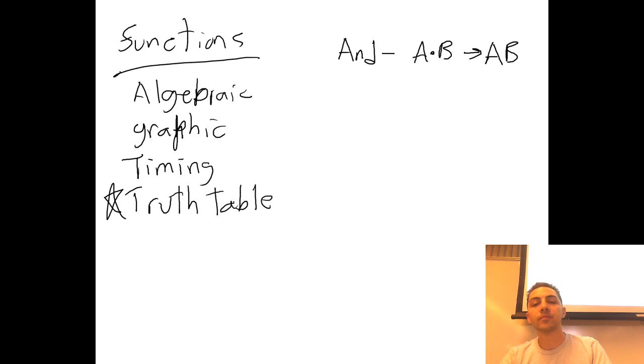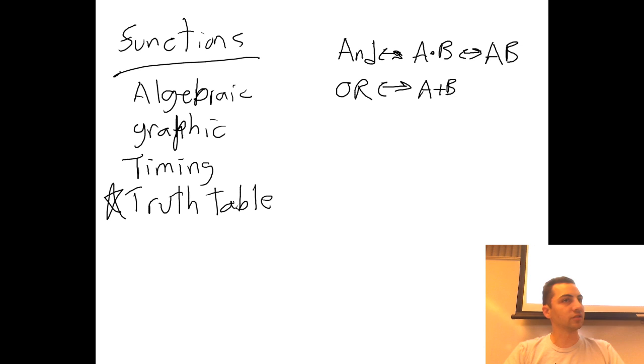AB without the dot still means A and B. For OR, we make use of the plus symbol. A plus B. In this course, always, we're using that to indicate A or B. And there is no shorthand for that.